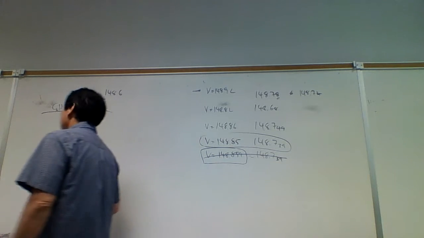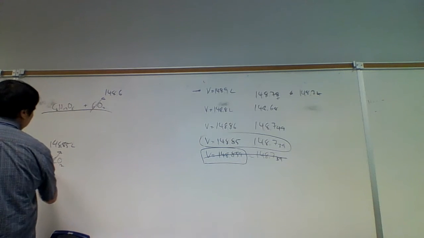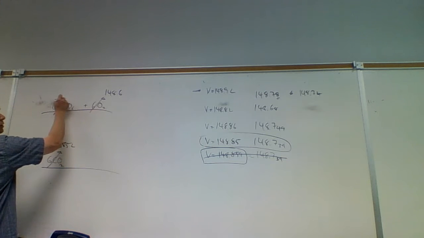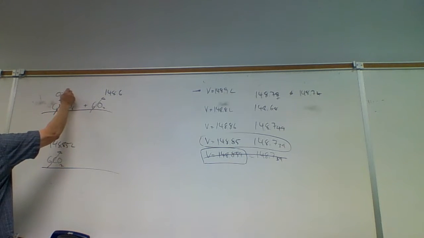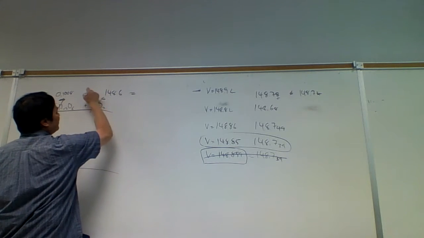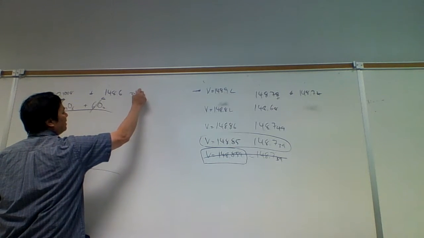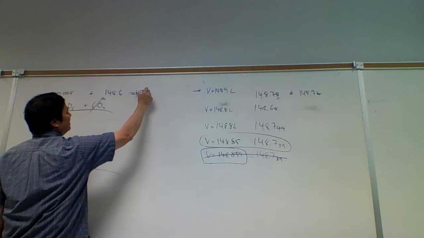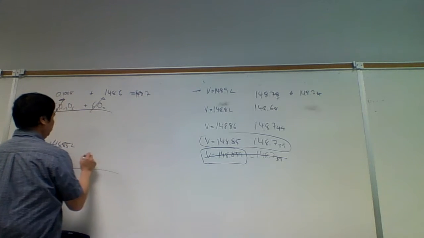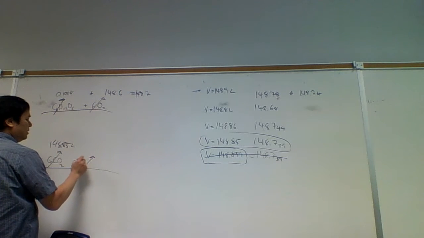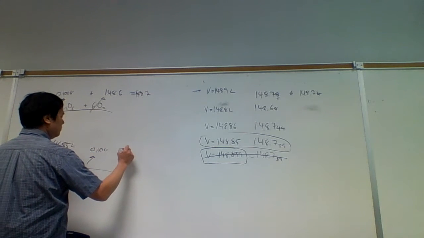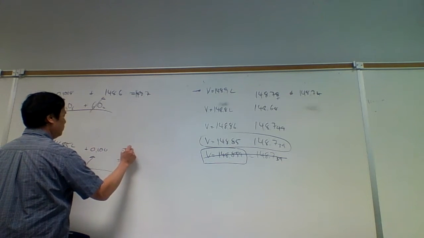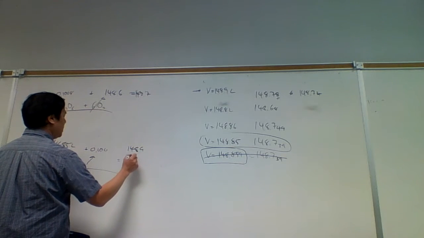All right, let's redo the calculation quickly. What was the volume of the glucose? It was like 0.1008 or something like that. And so the total volume here is going to be 148.7. And the volume of the H2O was 0.1 something. So this is going to give us a total volume of 148.9.